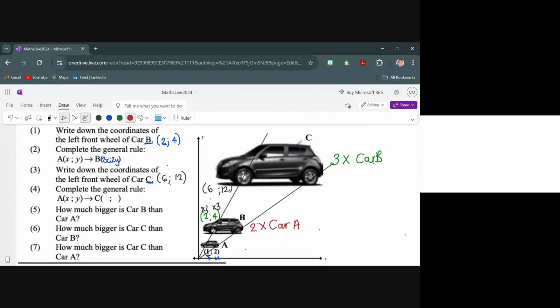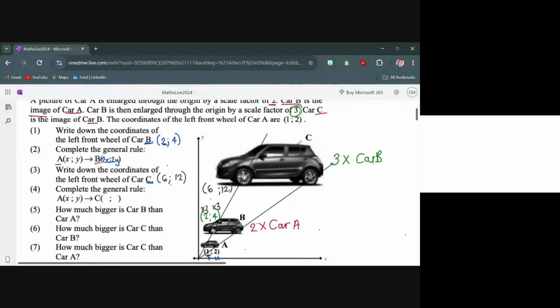In question 2, they said they want the transformation from A to B. Now, in this one, they don't want the transformation from B to C. They want the transformation from A all the way to C. So they don't want us to use car B. They want us to use the coordinates of car C. So we need to figure out, how did we get from 1, 2 all the way to 6, 12? What did I multiply? What scale factor did I use there?